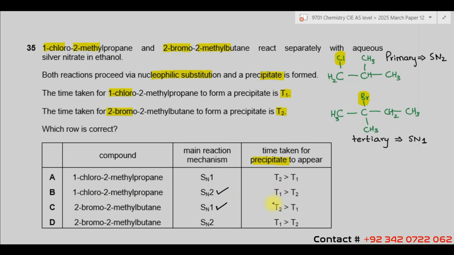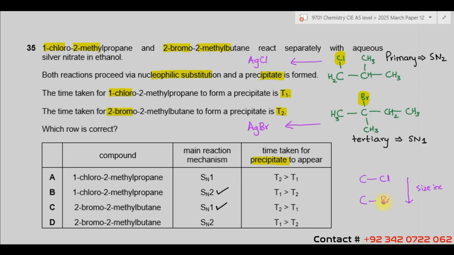Let's find out the time taken. So we have the reaction with aqueous silver nitrate in ethanol. So what will happen? This first one will form AgCl as one of the products, and this will form AgBr as one of the products, which means that carbon-chlorine bond is broken in this one and carbon-bromine bond is broken in this one. In halogenoalkanes, as we move down, size increases.